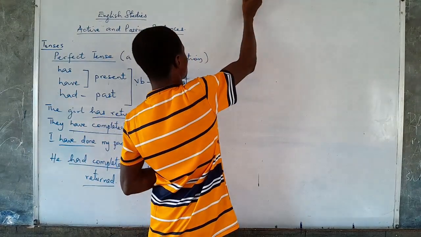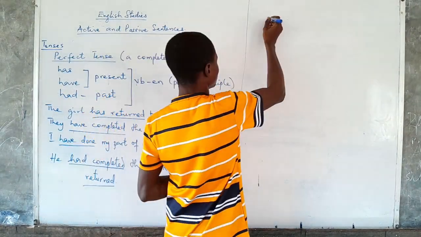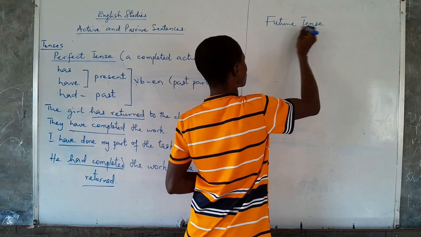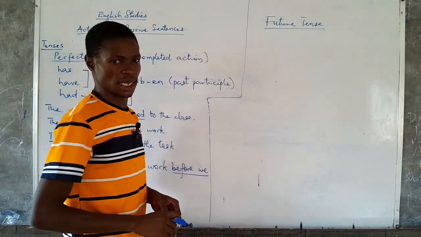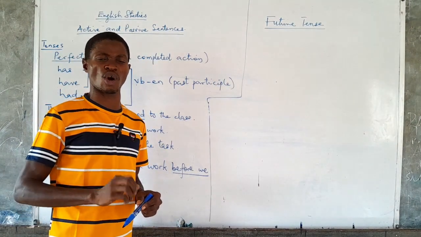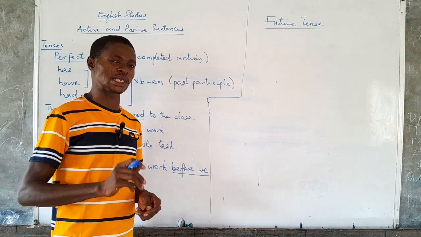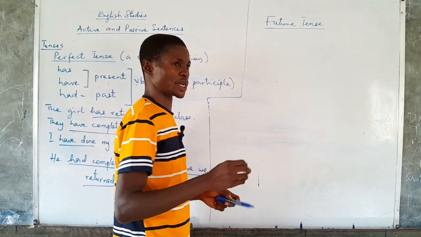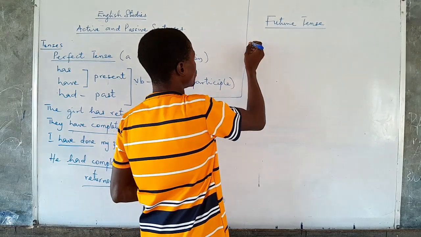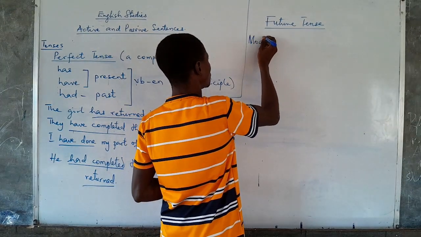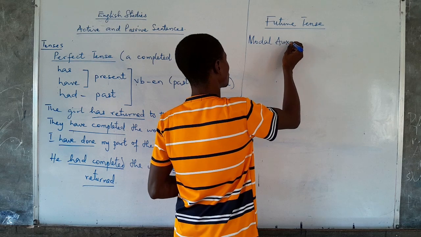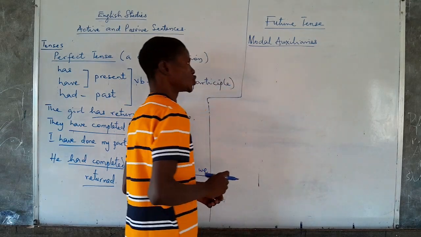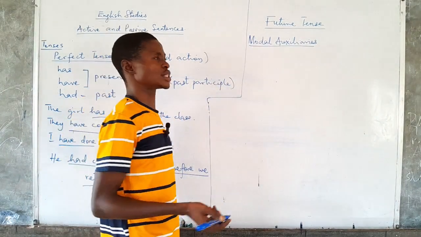To identify future tense, we are going to employ the services of the third type of auxiliary verb, known as modal auxiliary, the auxiliary verbs that express attitude and behavior. Modal auxiliaries are going to be used to determine future tense. What are these modal auxiliaries?